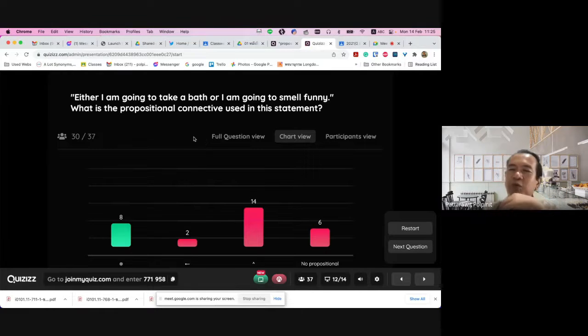Well, if you remember, usually it's neither of them, right? So basically it's just saying that I am not going to take a bath and I am not going to, wait, either or, right? So it's negation of either of them. So it's I am not going to take a bath, or I am not going to smell funny.